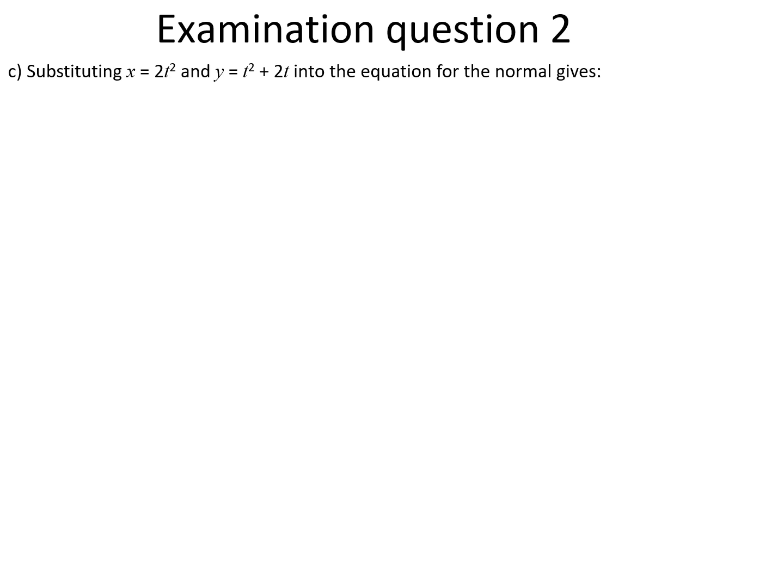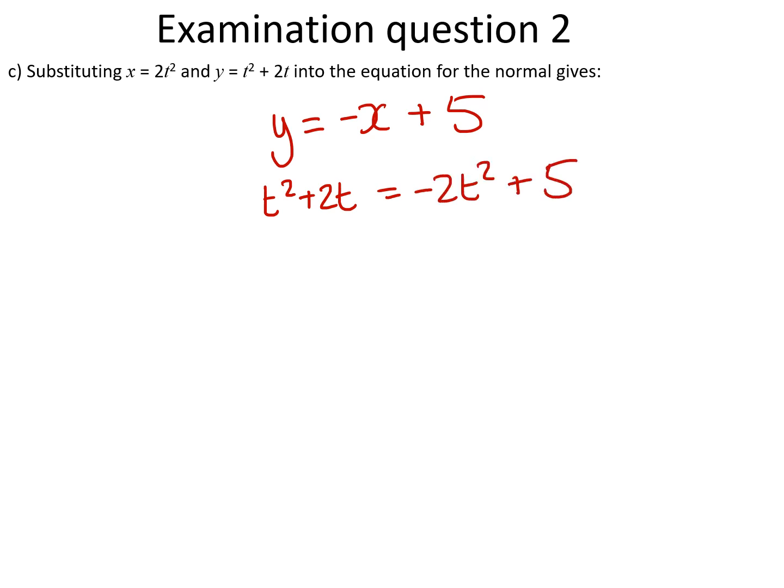The curve's in parametric form, so I'll put those into the line, and the line was y equals minus x plus 5. If I sub those in, I'll get t squared plus 2t equals minus 2t squared plus 5. Make that into a quadratic, it'll be 3t squared plus 2t minus 5 equals 0.